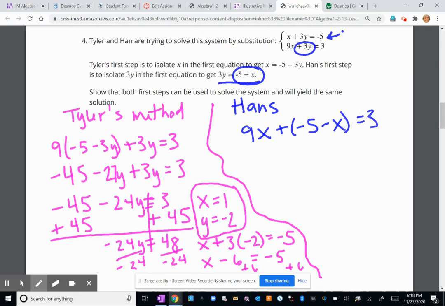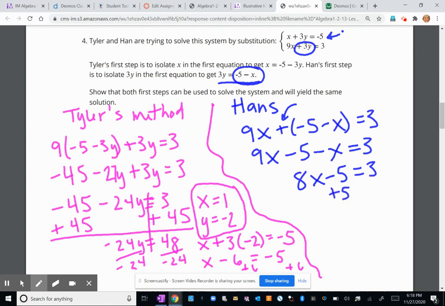And since this is just a plus sign right here, we can actually clean that up a little bit. Looks like this. And then combine 9x minus x is 8x. So this is 8x minus 5 equals 3. Add the 5.